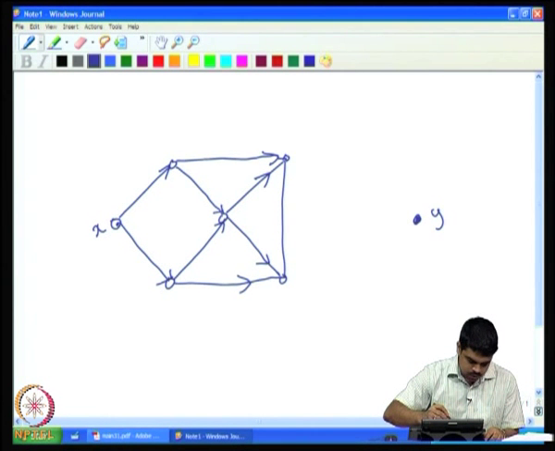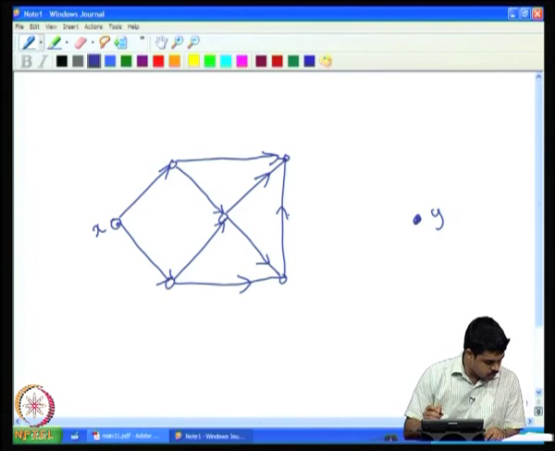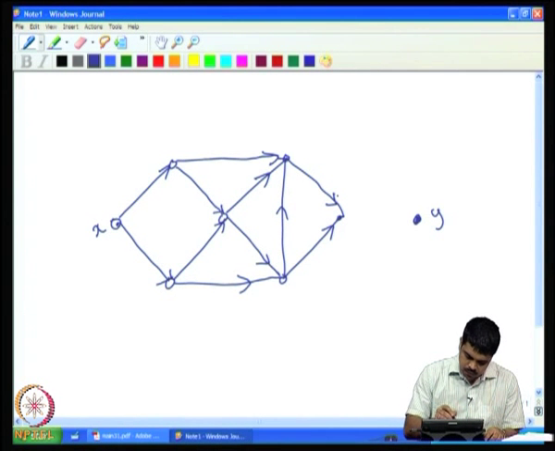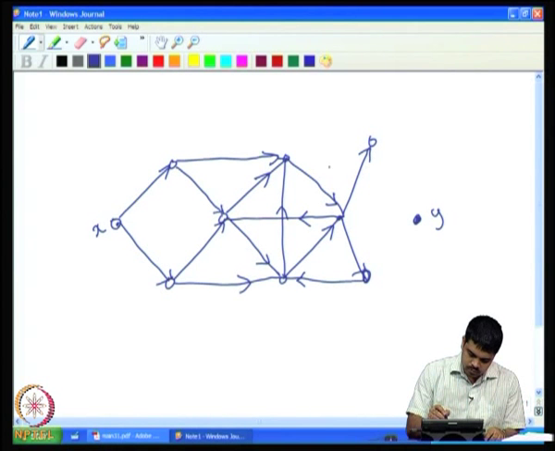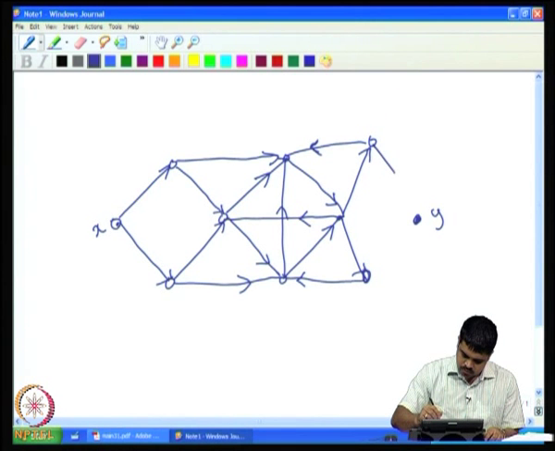And here there is an edge. And then we add one here, directions being this way. So, direction, opposite direction, and then two arcs here. See, here is a network.